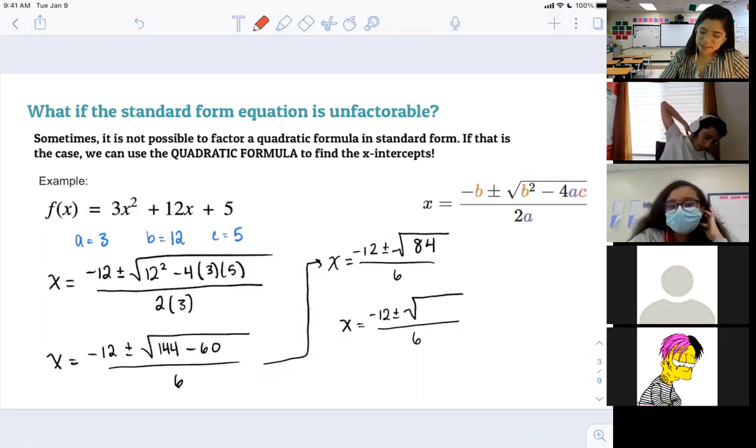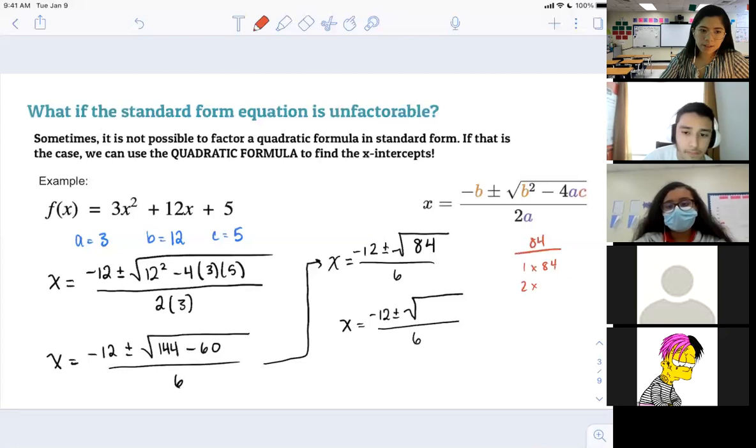Okay, let's do this. Let's list out the factors of 84. It won't take too long. 1 times 84. 2 times 42. 3, no. What about 4?